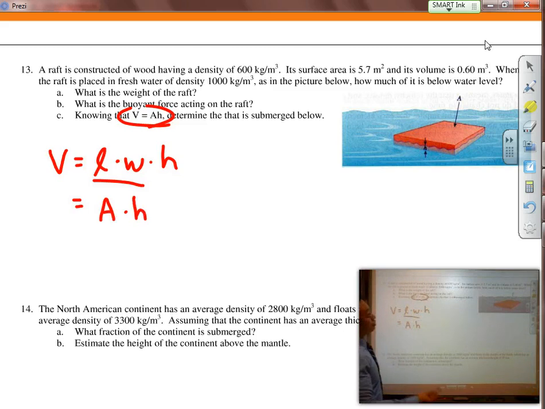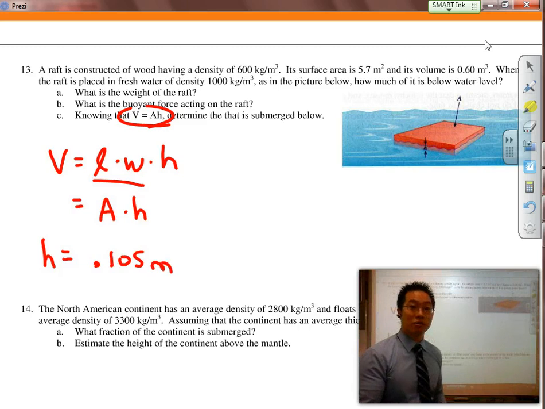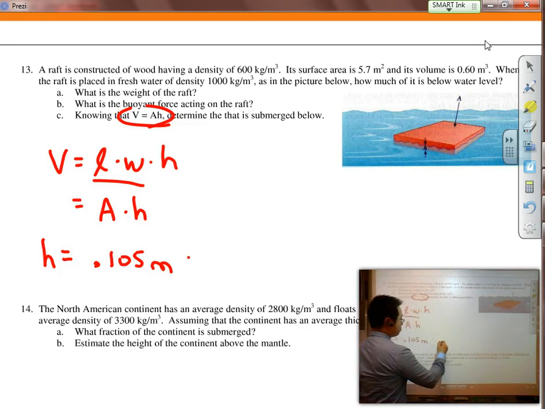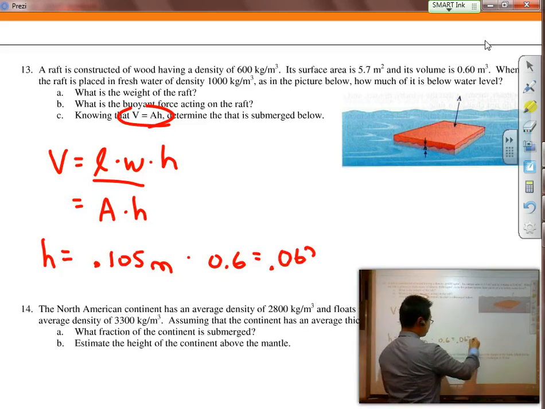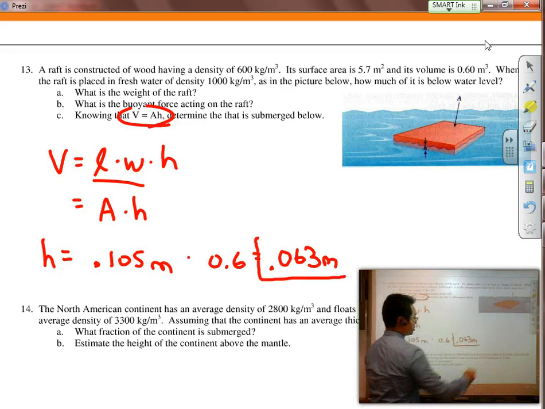We know the volume, we know the area, so therefore the height is equal to 0.6 divided by 5.7, which is equal to 0.105 meters. And if it's 60% submerged, if you multiply that by 0.6, we get the actual height submerged would be 0.063. Okay, and that's the answer for part C.